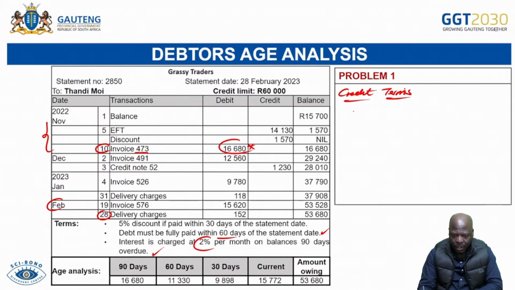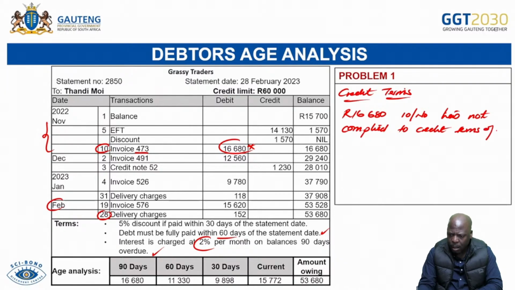So we then say the 16,680 dated 10 November has not complied to the credit terms of 60 days, as that amount is owing now for what?